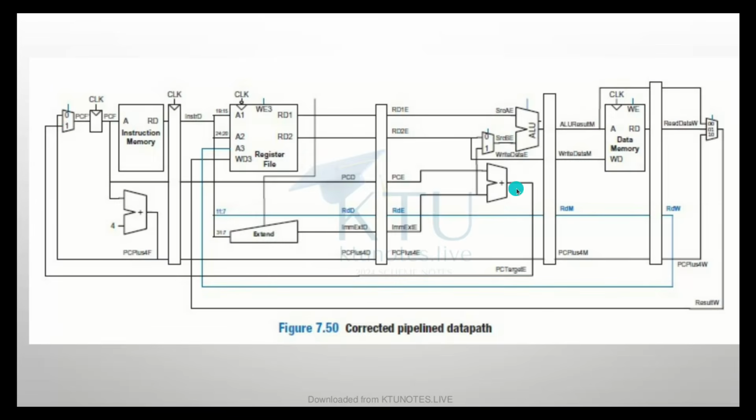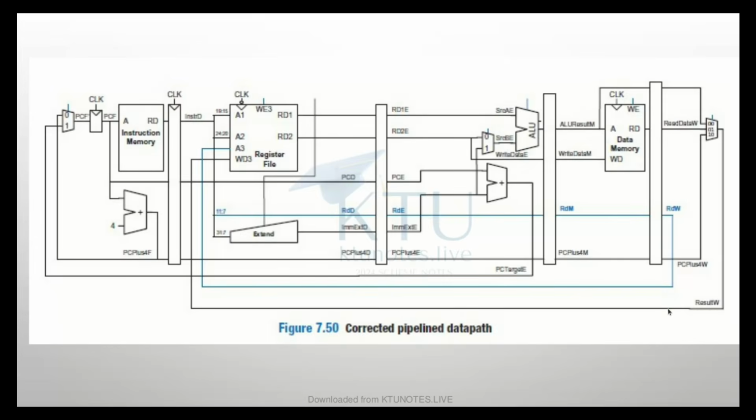Understood? Now see RD, the destination register, you are storing here. RD is also stored here. Now if I want to write something, then RDW will be stored here directly. So the RD value is stored separately here.